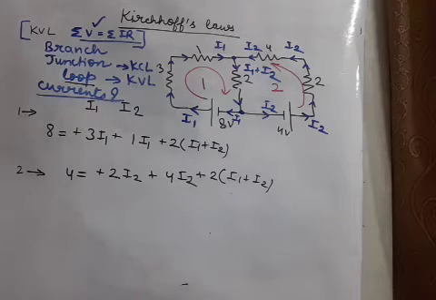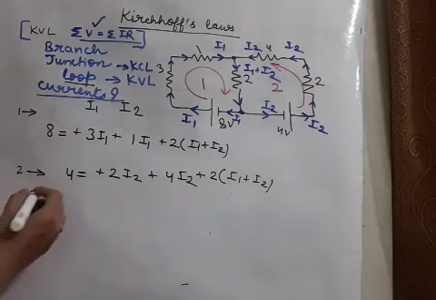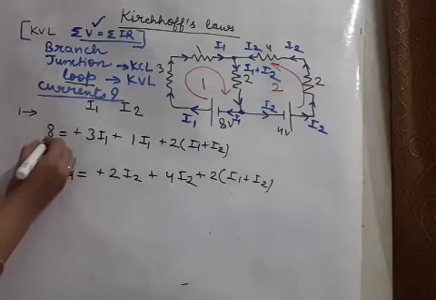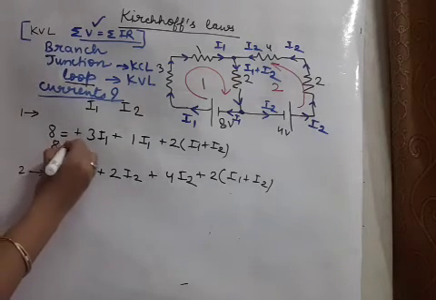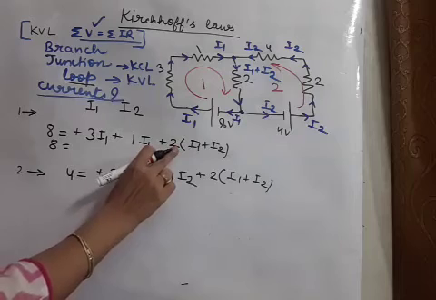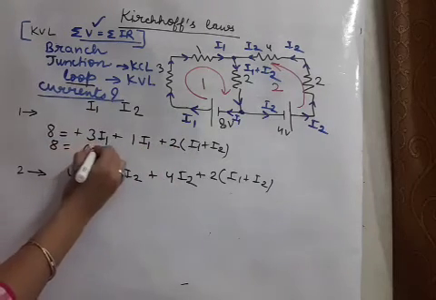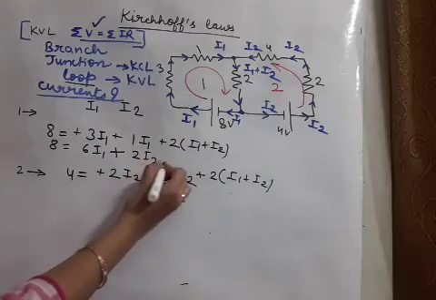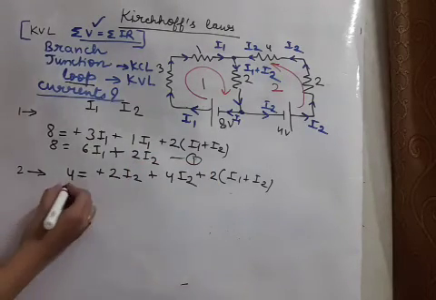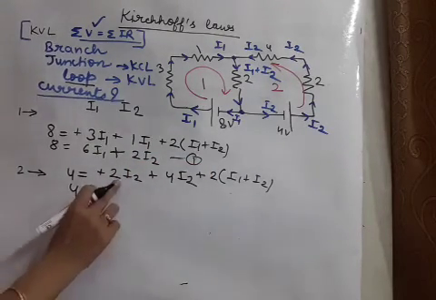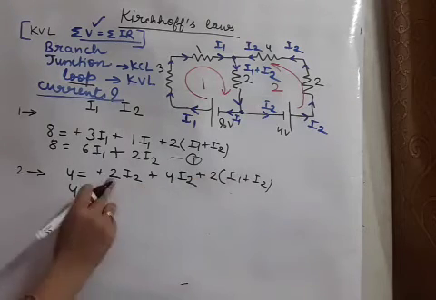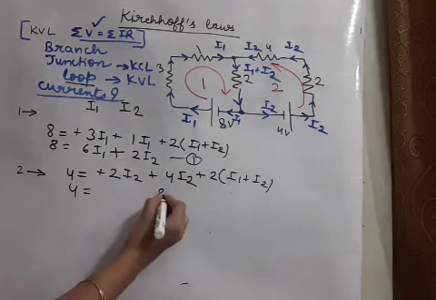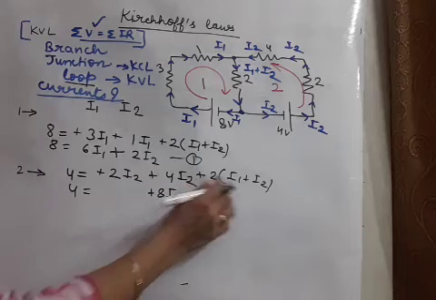Now we just have to simplify these two equations to get I1 and I2. Our first equation: 3I1, 1I1, 2I1, so it becomes 6I1 plus 2I2. In the second equation, 2I2, 4I2, 2I2, that is 2 plus 4 plus 2, 8I2, and 2I1.